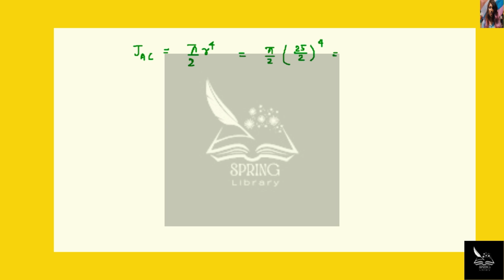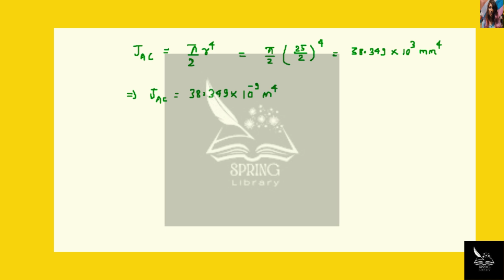So it will be equal to 38.349 multiplied with 10 to the power of 3 mm to the power of 4. So we will write it as J_AC is equal to 38.349 multiplied with 10 to the power of minus 9 meter to the power of 4.